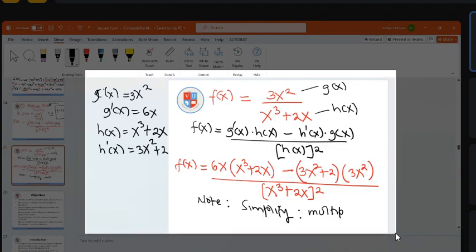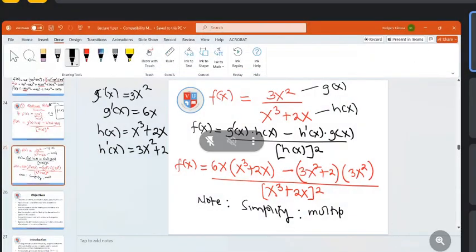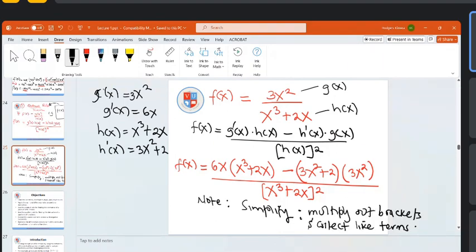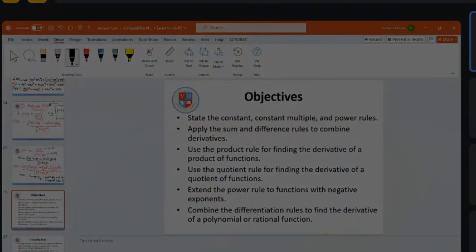Multiply brackets and brackets, and so down here you'll find the notes.